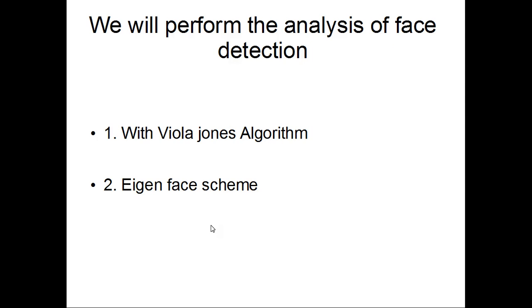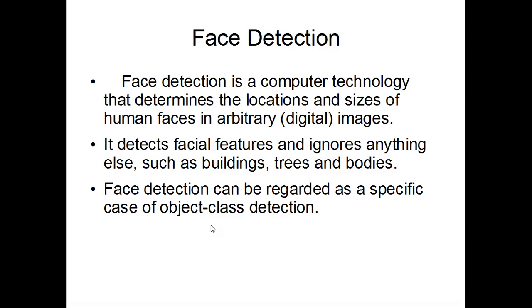So today we'll be performing the analysis of face detection using two basic algorithms, one being the Viola-Jones algorithm, the other being the eigenface scheme. Face detection in general is a computer technology that determines the locations and sizes of human faces in digital images. There have been many applications for this, and it's been a mainstream study for quite some time now.